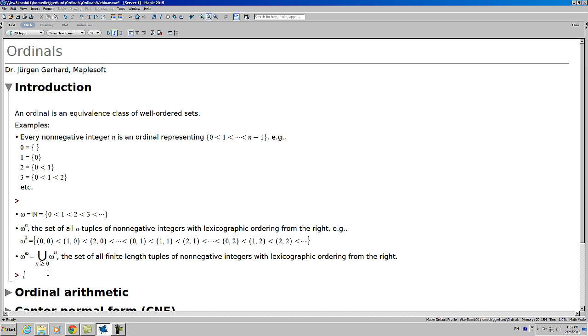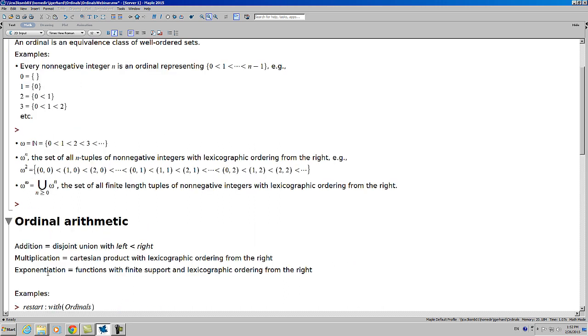Okay. After this very brief introduction, let's look at what we can do with ordinals. So, like regular integers, ordinals can be added. What does that mean? If we have two ordinals, we take the union of both of these, but that has to be the disjoint union.